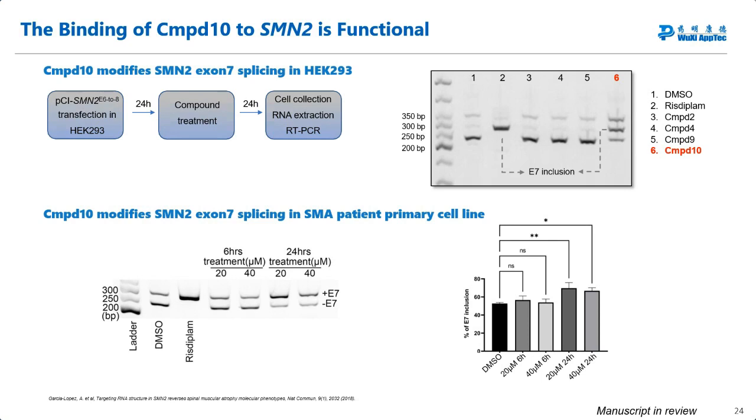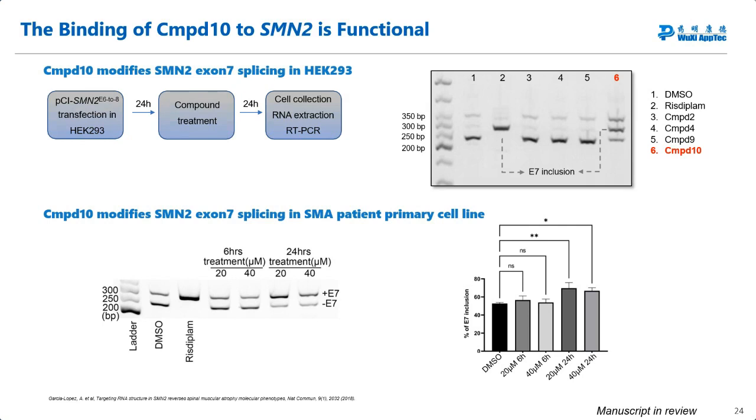To confirm this finding, we later obtained a fibroblast cell line derived from an SMA patient. This cell line was treated with our compounds directly, and RT-PCR was performed to evaluate exon 7 splicing regulation.